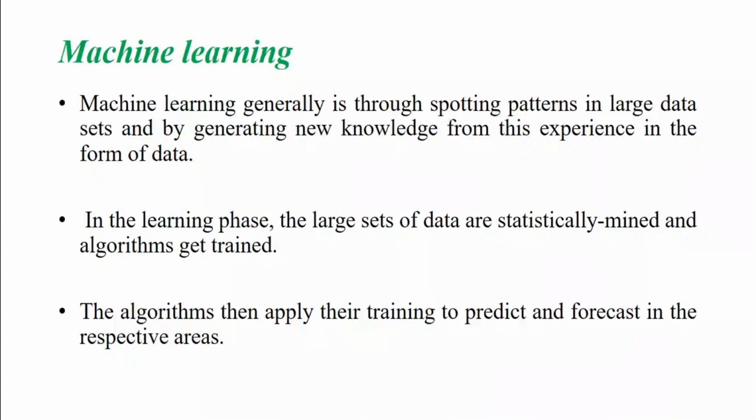There are two words, machine and learning. Here the machine is learning and accordingly taking decisions. In the learning phase, large sets of data are statistically mined and algorithms get trained. The algorithms then apply their training to predict and forecast in the respective areas.